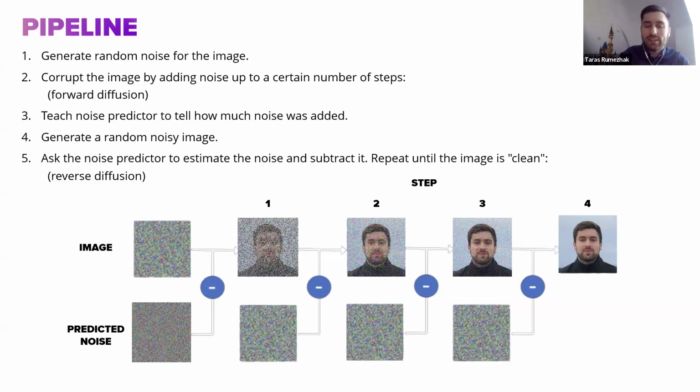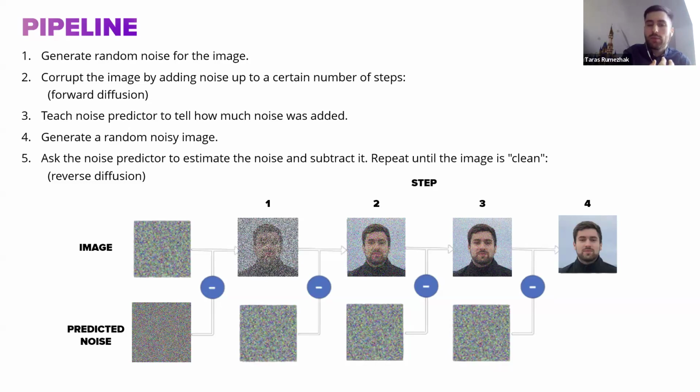And once we have taught our noise predictor, as a start, we can generate random noise, just a noisy image.